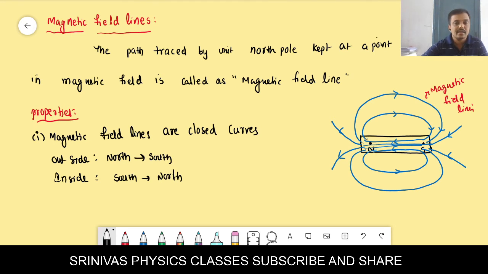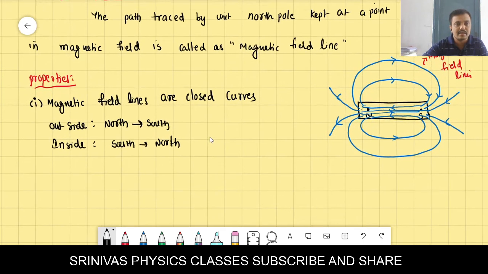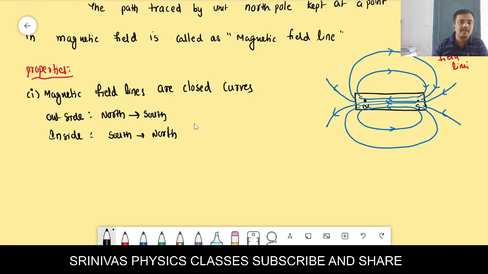The second property is about the tangent drawn at any point on the field line. If we draw the tangent on a magnetic field line, what does it indicate?